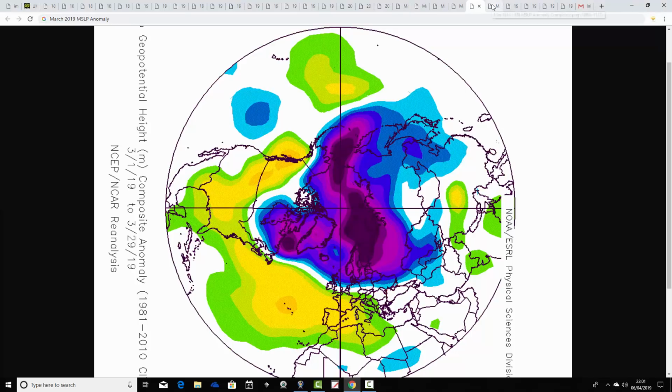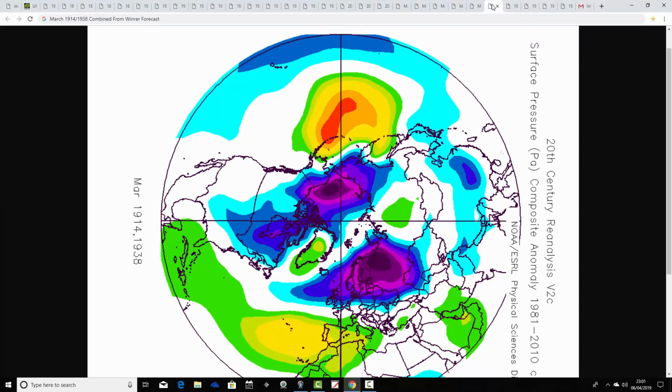Now, this chart just here is what our top two analogues for the winter forecast was forecasting for March.